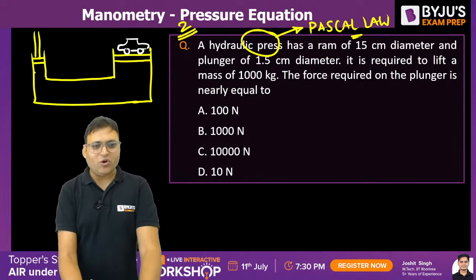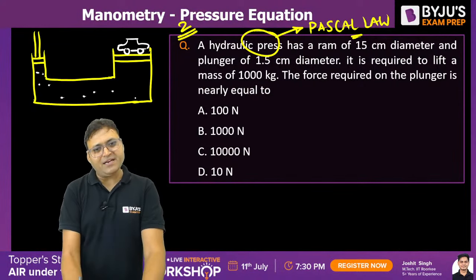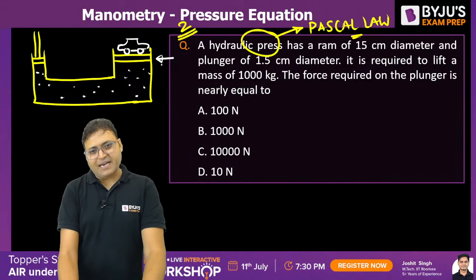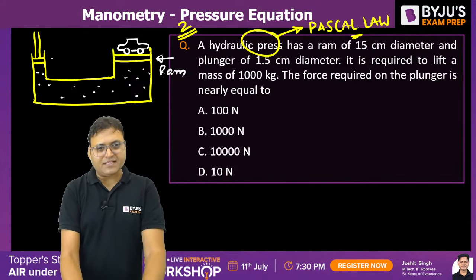To lift the heavy objects, there is a static fluid kept in the arrangement. This is called the ram and this is called the plunger.